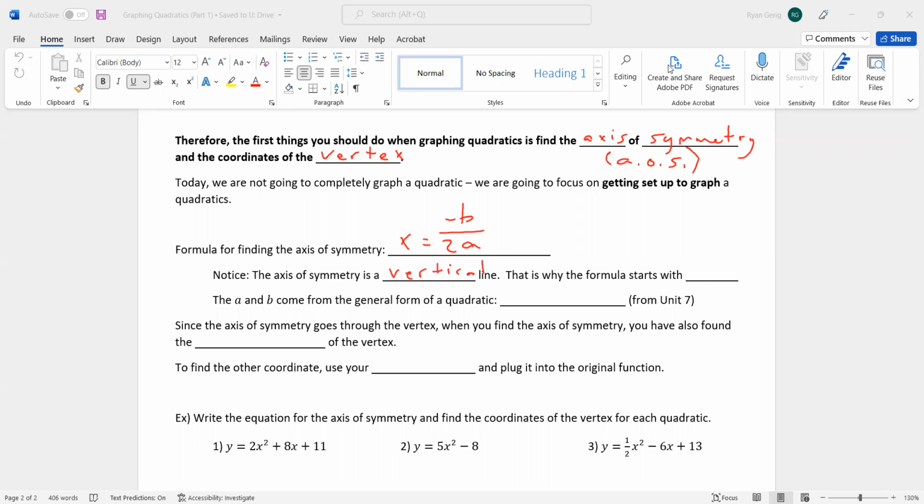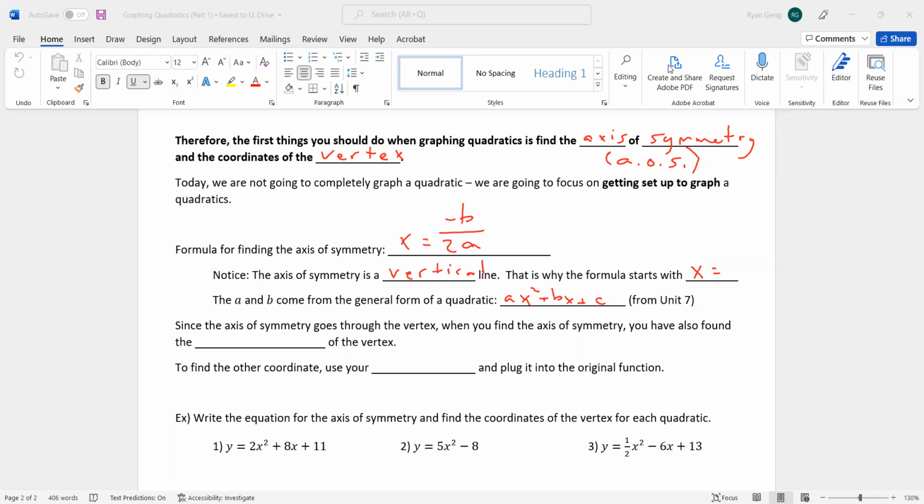This is why the formula starts with x equals. If you remember back in the first semester, we had x equals a number that was a vertical line. That's why this formula is x equals. The a and b, sorry, come from the general formula quadratic, which was ax squared plus bx plus c. We talked about that already in these notes.